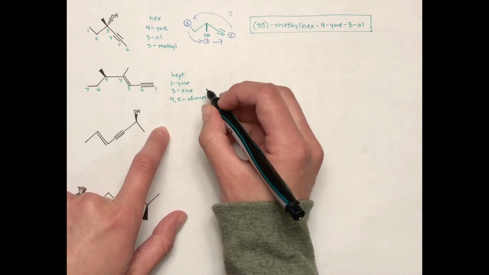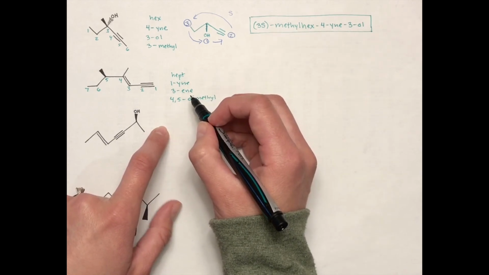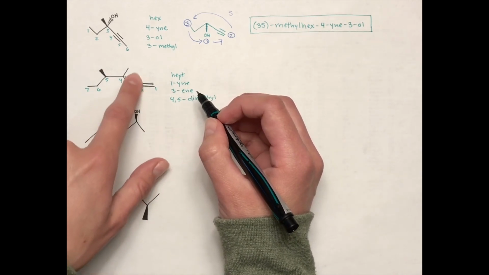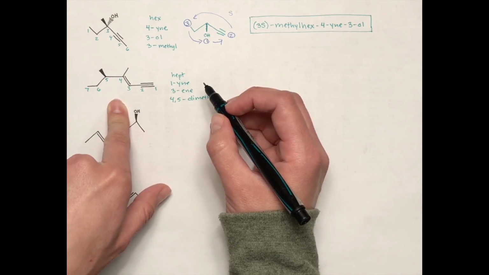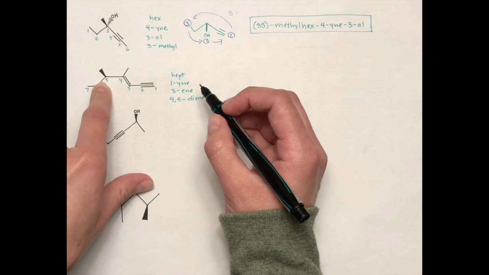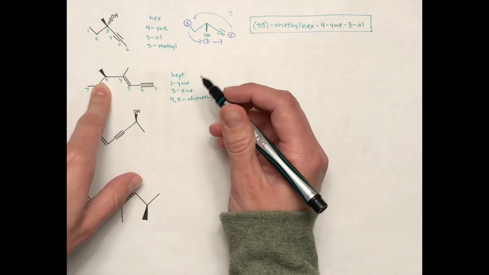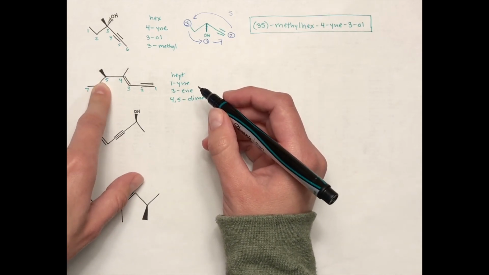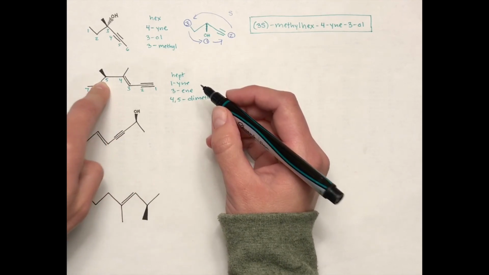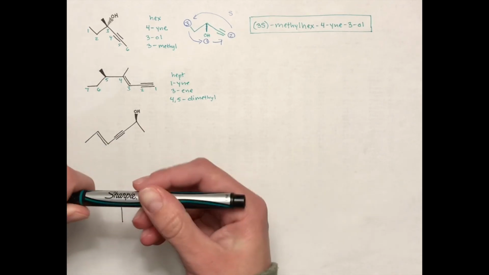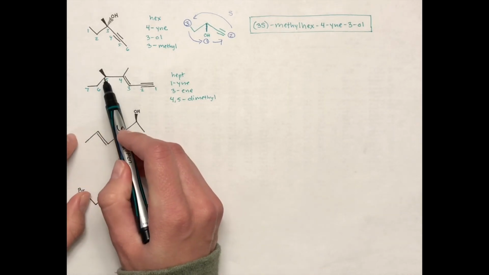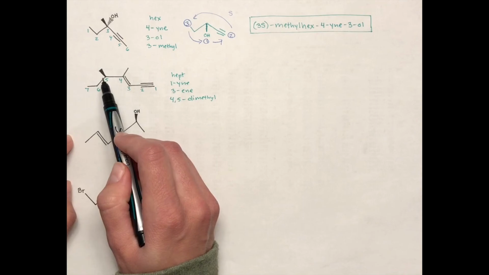Before we can put it all together, we need to look and see what kind of stereochemistry we have. So carbon number 5, we can label it R or S. So remember, R clockwise, S counterclockwise. Let's look at this real quick. What is going to get our first one?